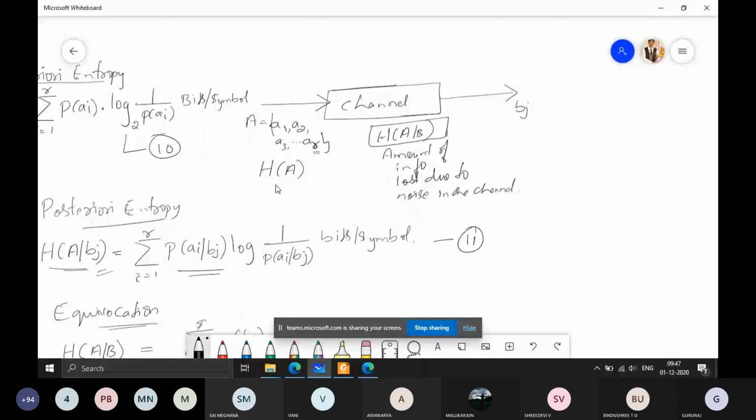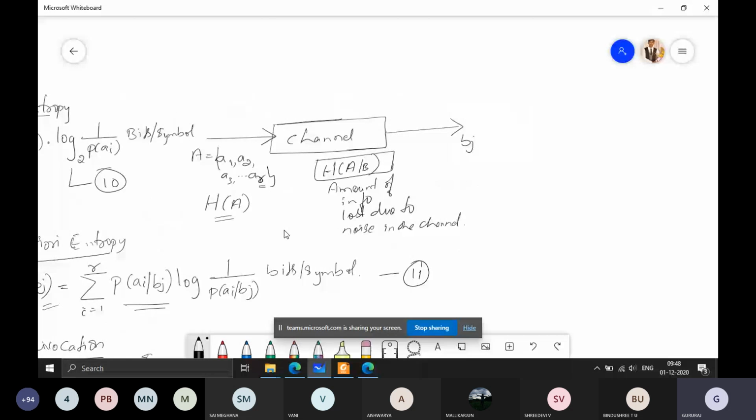H of A is the amount of information you are inputting or transmitting. H of A by B is the amount of information lost in the channel. So then what is the amount of information that will be received? Can anyone tell me? If you are transmitting H of A amount of information to the channel and H of A by B information is lost in the channel, what is the remaining information that you will receive?